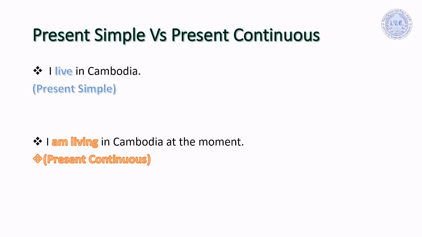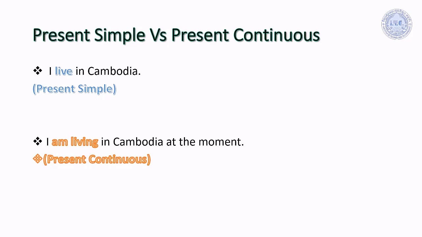Let's compare these two sentences. I live in Cambodia. I am living in Cambodia at the moment. So the first one we use in present simple and the second one we use in present continuous. So when you say I live in Cambodia, it refers to things that don't change for a long time.